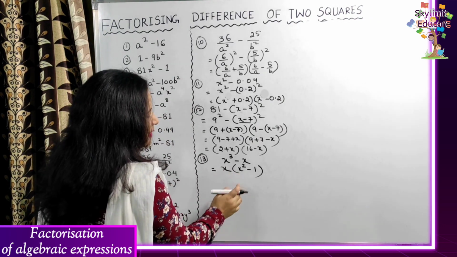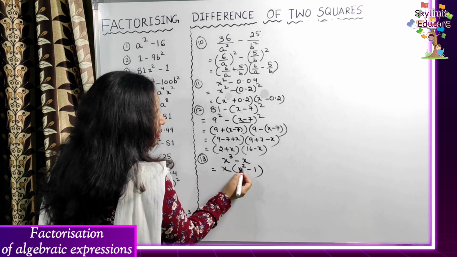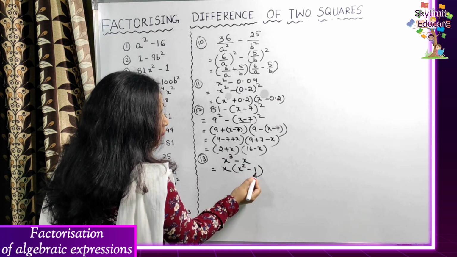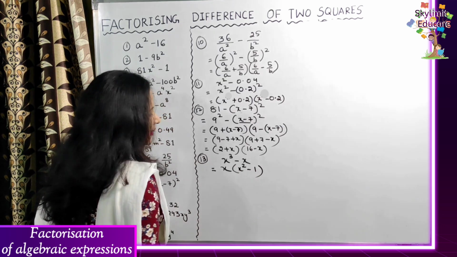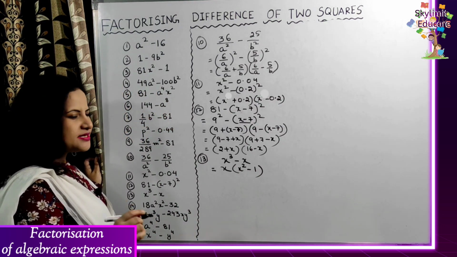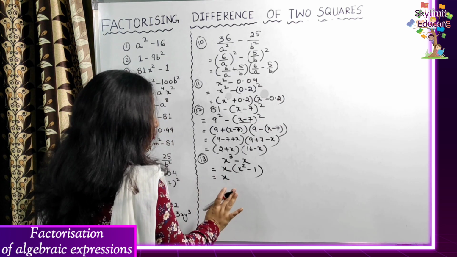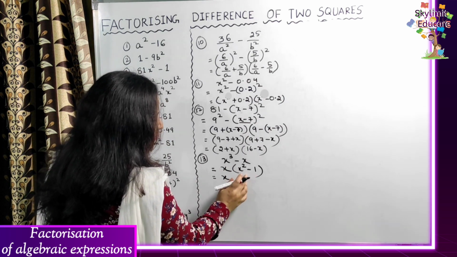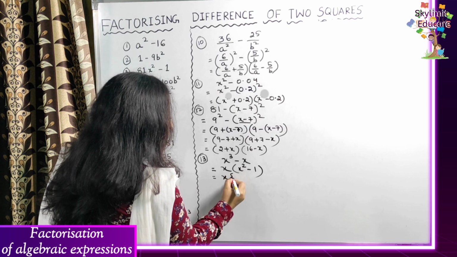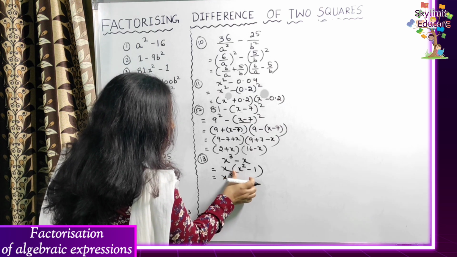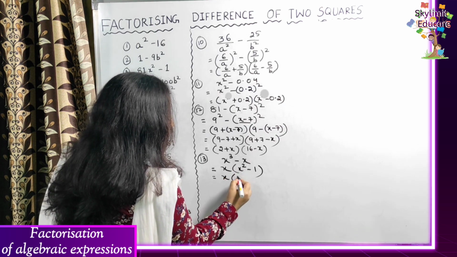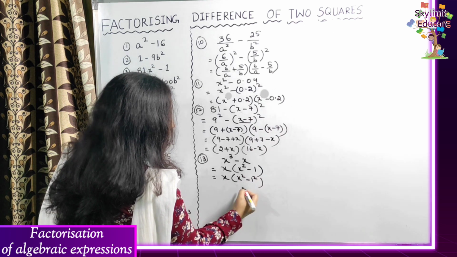In the previous exercises you have done, x is a single common monomial factor you have taken, right? So we can express in this manner. By doing this, you have converted it so that x square and 1 is a perfect square. So now let us forget about this x, it is taken common, it's outside only. Now we'll factorize these two. Obviously you know this is nothing else but the square of x minus the square of 1.